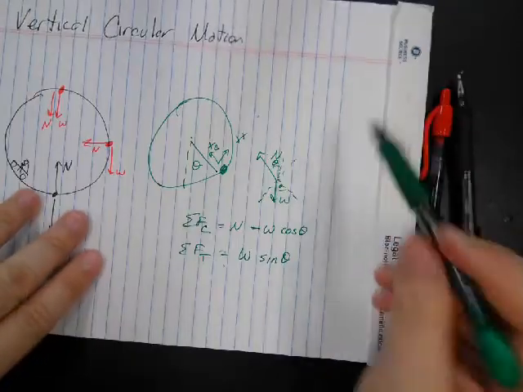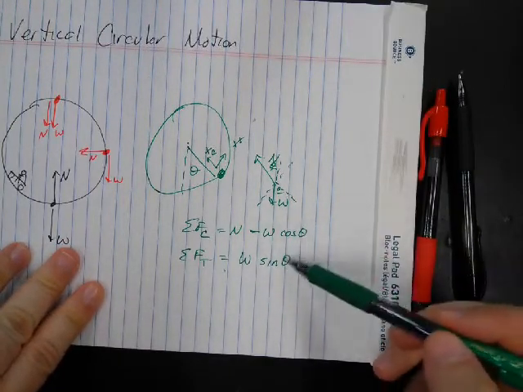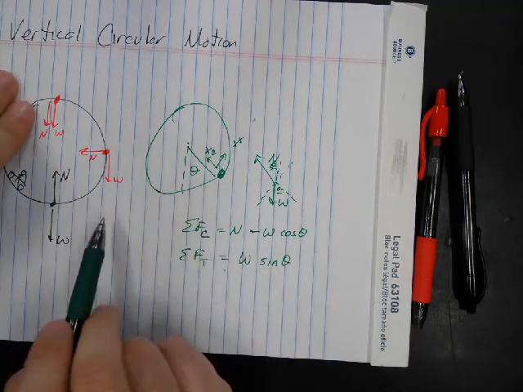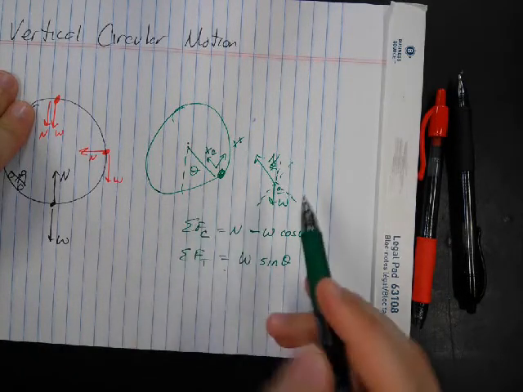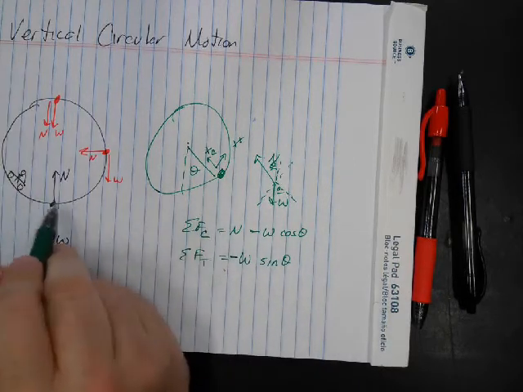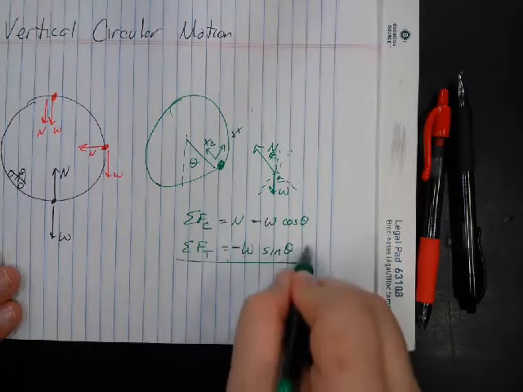So this is kind of notes more than it is a problem. What we're saying is, if you have a vertical circular motion, actually this is in the negative direction. As you drive along the circle, as you go uphill, you slow down due to this bit.